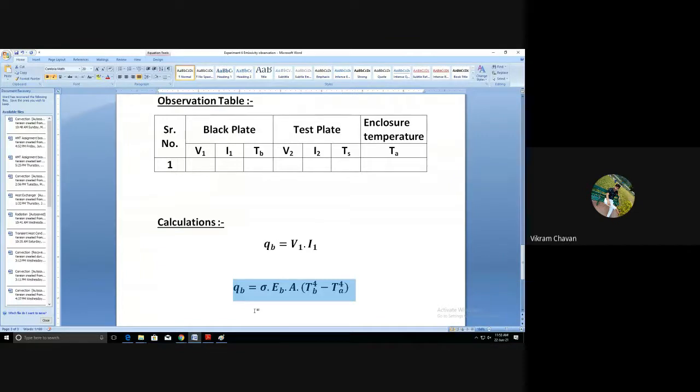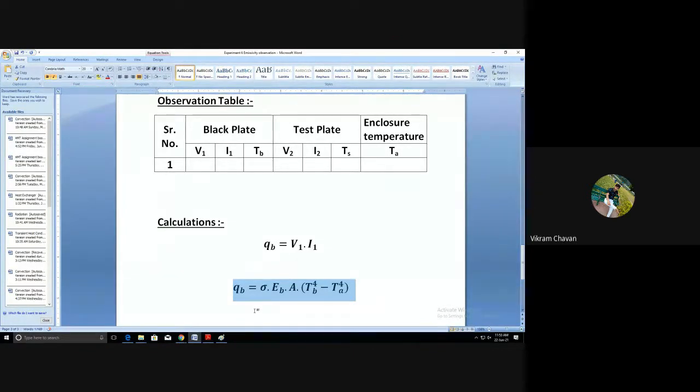Now here we are considering that the radiation emitted by the body will be equal to the heat input to that particular body. Okay, that is, how much temperature we have increased from the surrounding temperature, that much amount of radiation will be emitted by that particular body.